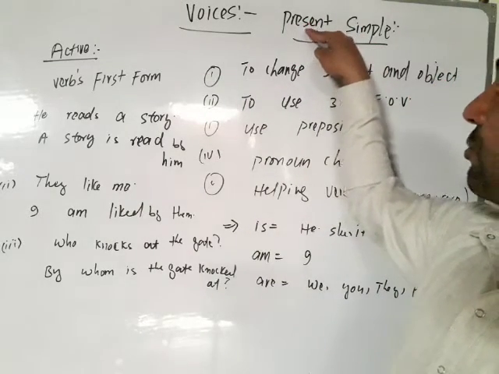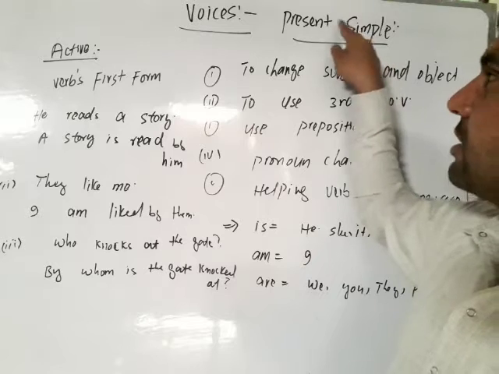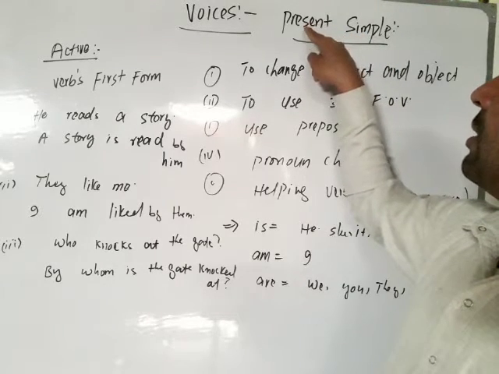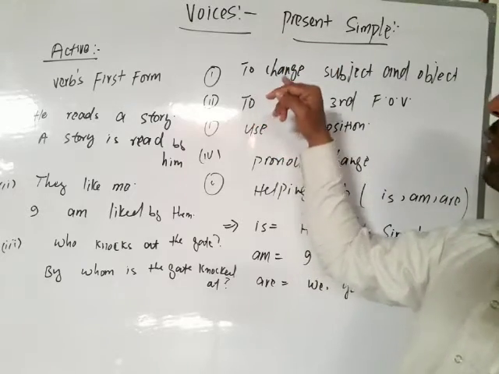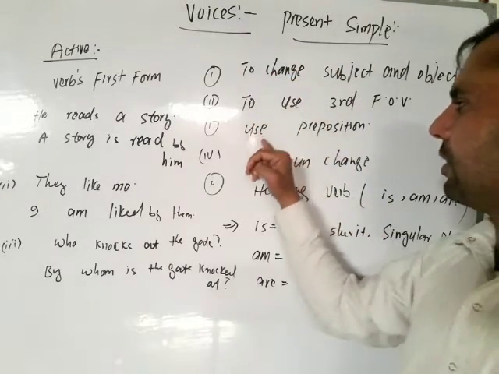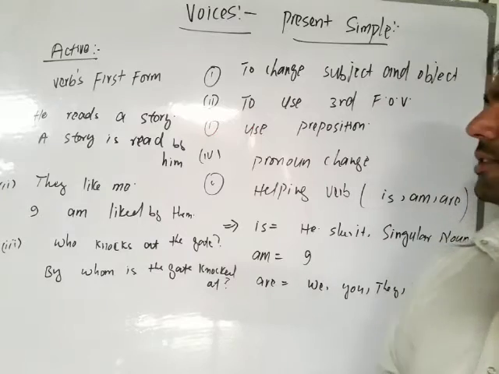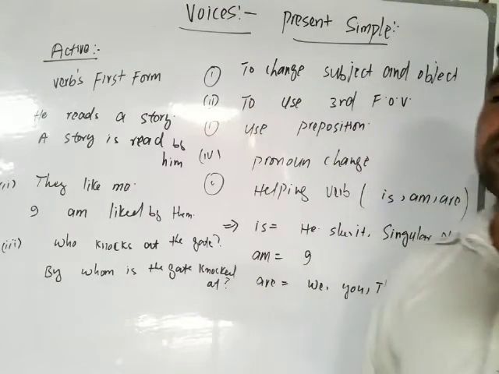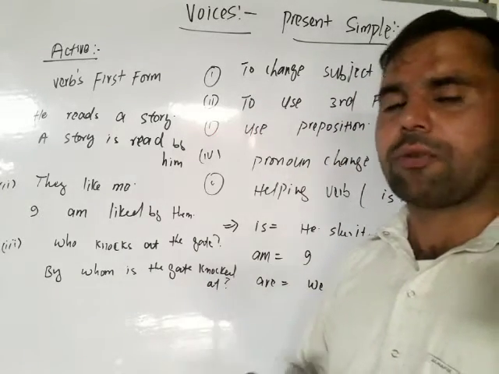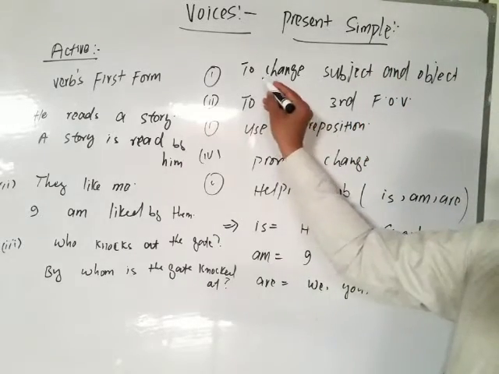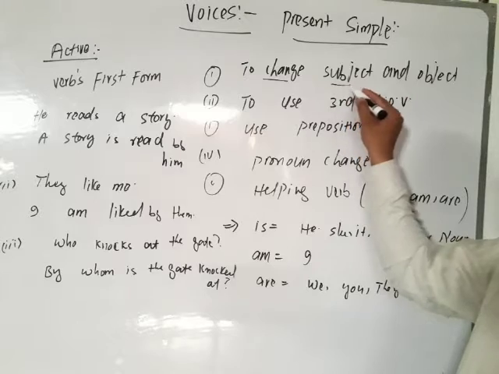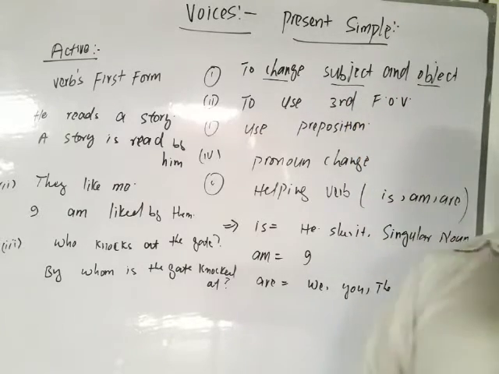When we have a sentence of present simple and we change it into passive voice, we will have to observe these principles. The very first thing is that we should change the places of subject and object.